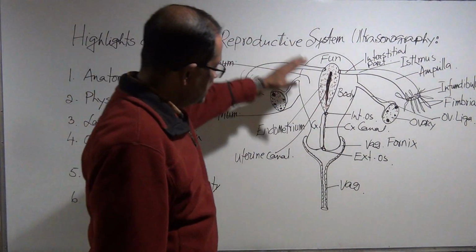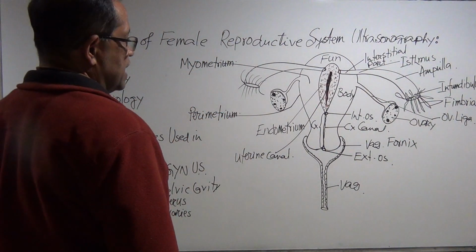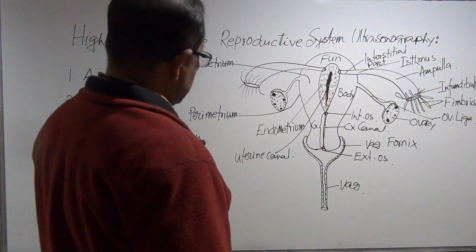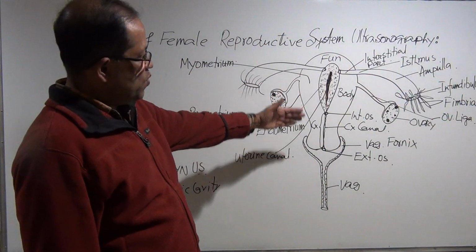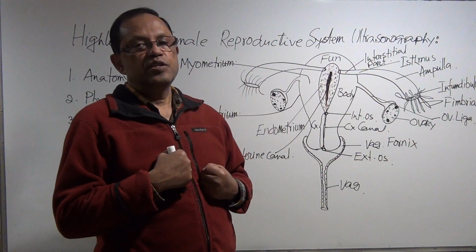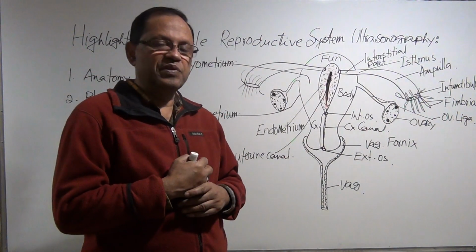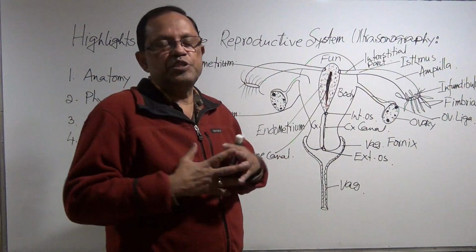Okay, so now you know the anatomy of the reproductive organs, and keep that in mind. This reproductive organ needs to be in position. Then what are the structures that help keep this reproductive organ in position?